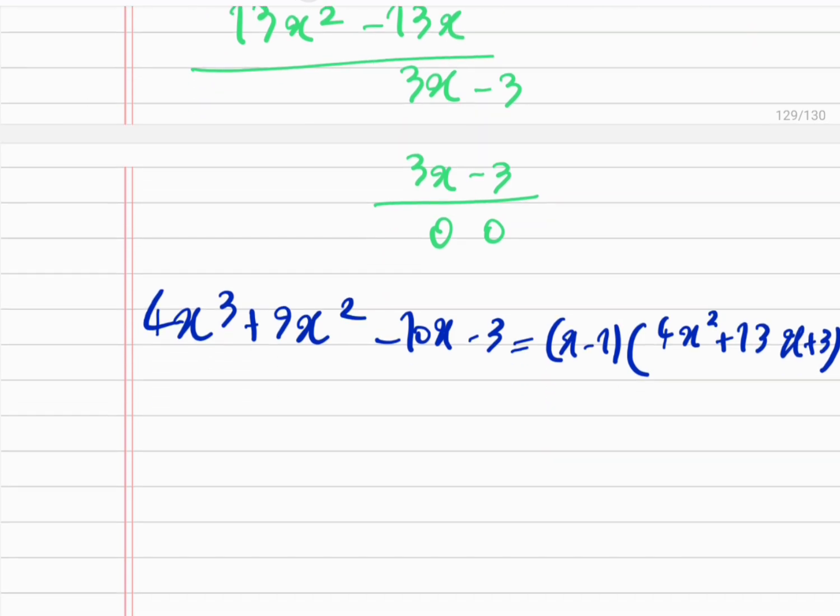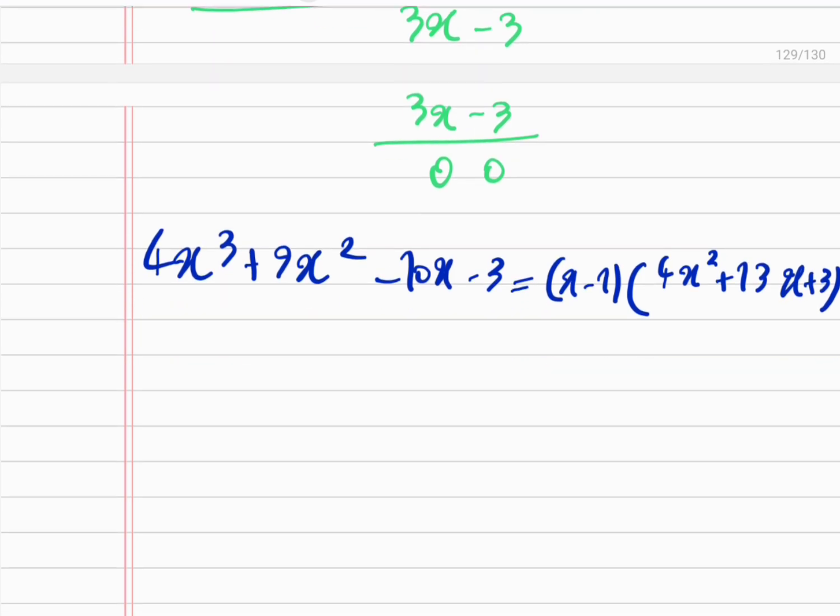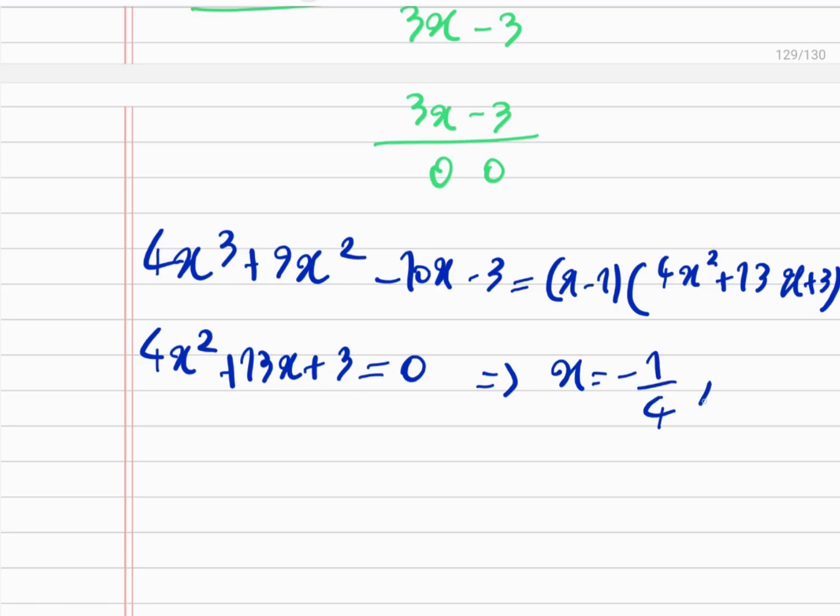Now, in order to find the rest of the solutions, we can solve this quadratic. So 4x squared plus 13x plus 3 is equal to 0. I'm not going to solve this quadratic, but the roots are minus a quarter and minus 3.